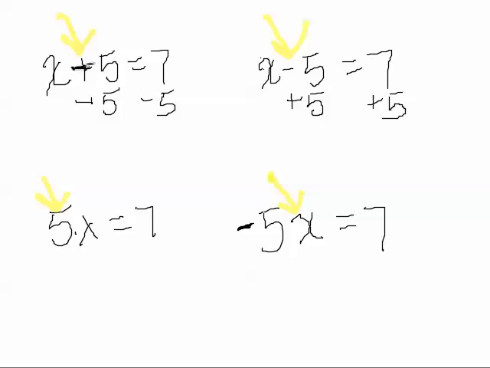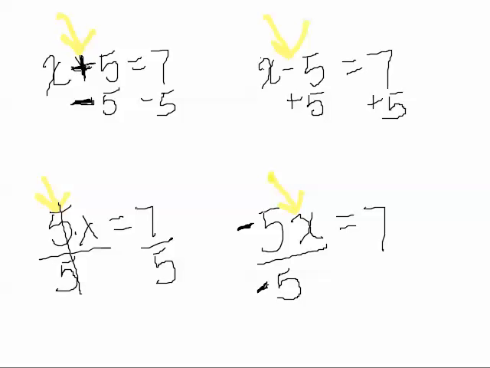Up here we change the sign because the opposite of adding is subtracting. But down here we want to divide by exactly what we see. So to make the 5 go to 1, I have to divide by 5. And on this side, to make the negative 5 go to 1, I have to divide by negative 5. So this guy gets divided by 5, this one gets divided by negative 5.